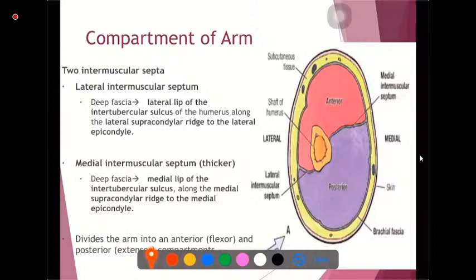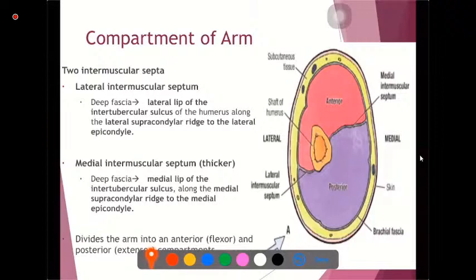Superiorly, it attaches to the lateral lip of the intertubercular sulcus, your bicipital groove, and then goes down the humerus along the lateral supracondylar ridge to the lateral epicondyle. The medial intermuscular septum is pretty much the same: the medial lip of the intertubercular sulcus, along the medial supracondylar ridge to the medial epicondyle.